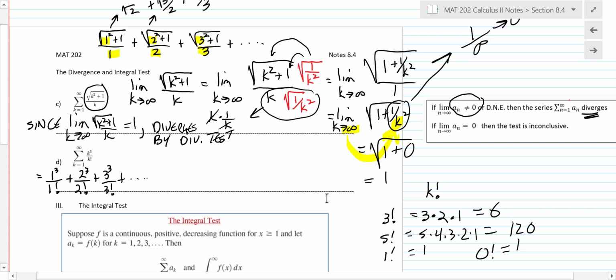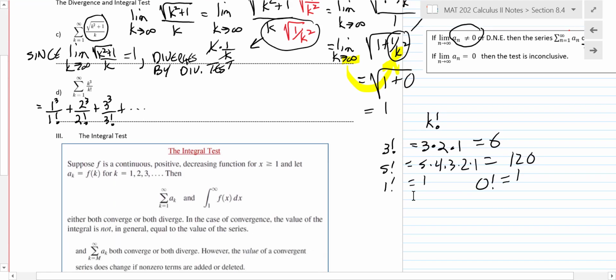If you calculated this, it would be 1 over 1, that would be 1. This would be 8 over 2, so that would be 4. This would be 27 over 6, because 3 factorial is 6. And then it would go on forever and ever.